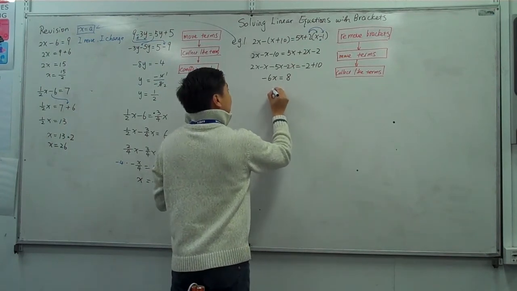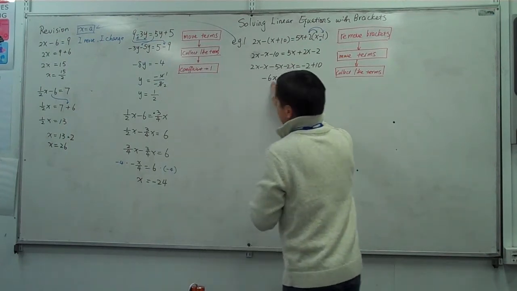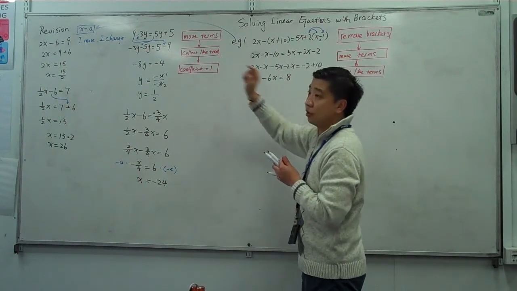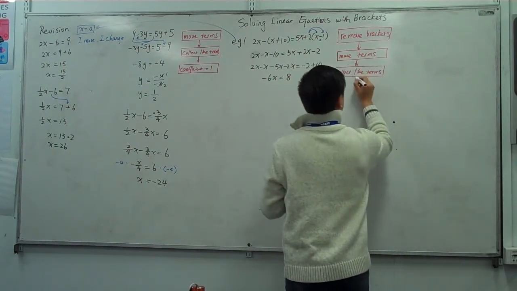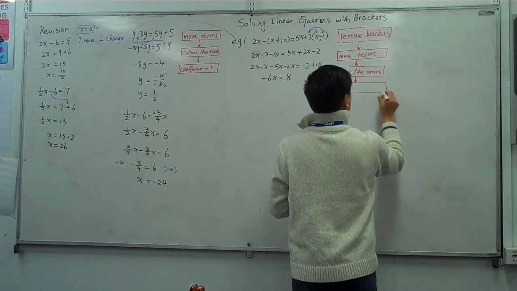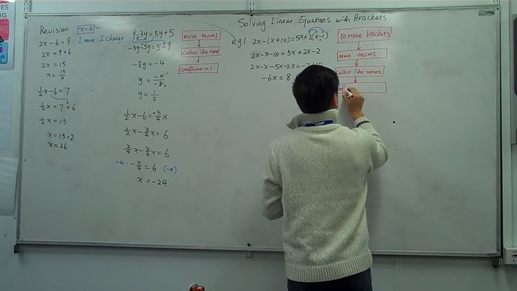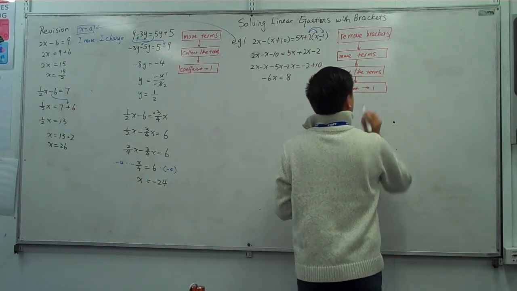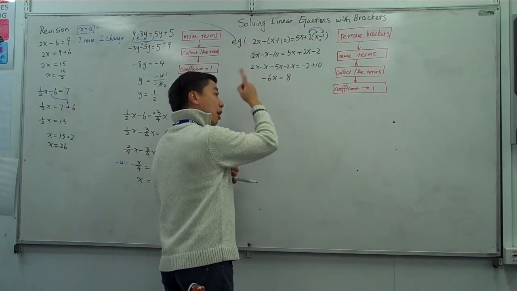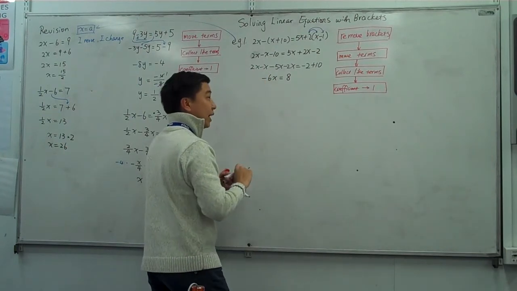And then, the next step is we need the coefficient of x to be 1. Now this is negative 6 times x, so on both sides I have to divide by negative 6.